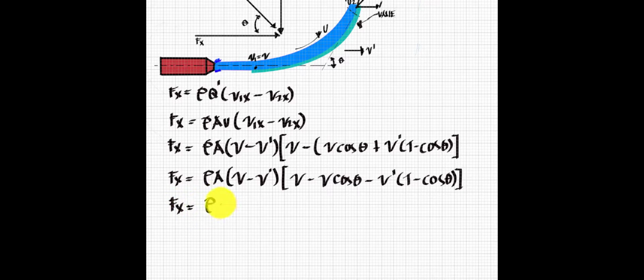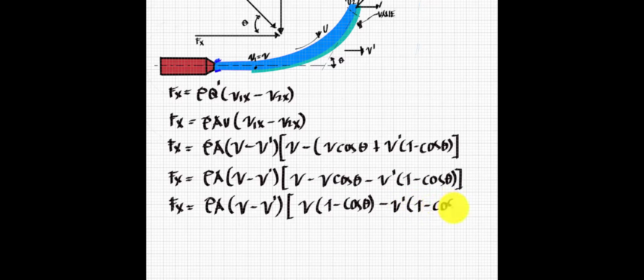We have the density, area, velocity of the jet, then velocity of the vane, then we're going to multiply this one to v, velocity of the jet, that will be multiplied by 1 minus cosine of theta, minus velocity of the vane times 1 minus cosine of theta.